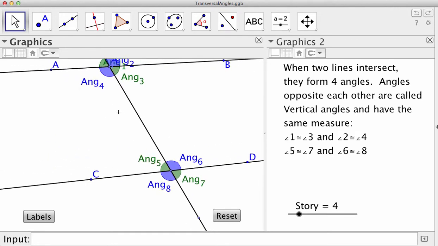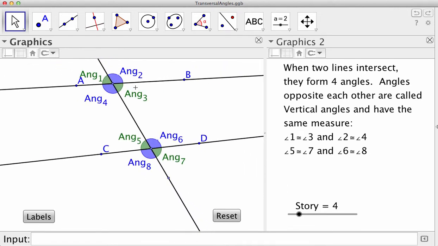Those two are opposite each other and therefore have the same measure, 63.4, 63.4. Similarly, these two angles have the measures of 116.6, 116.6, and again, the angles opposite each other here are vertical angles and have the same measure.